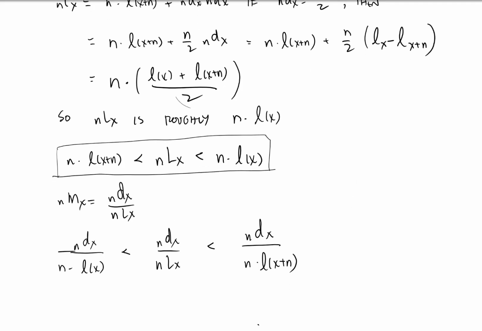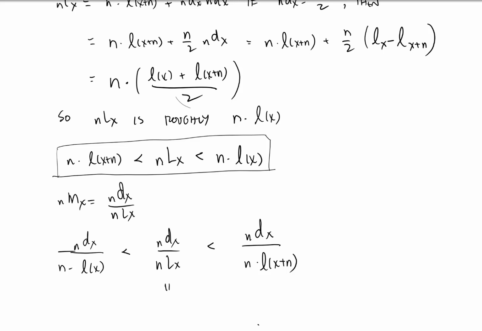If we take ndx and divide them by each of these, then we have ndx over n times l(x), which is less than ndx divided by nLx, which is less than ndx divided by n times l(x+n). Why does that matter?